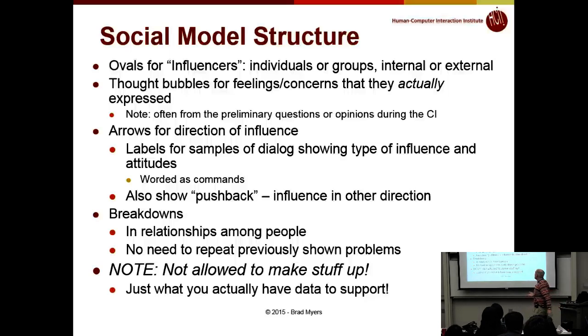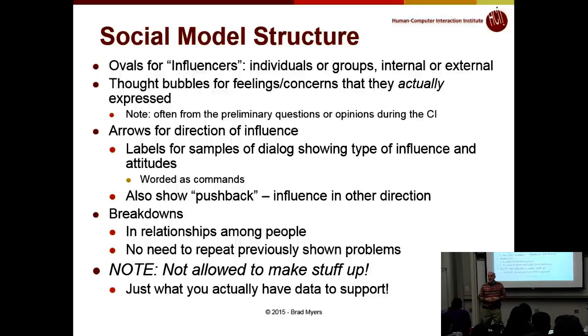They represent influences or commands. And typically they're worded as commands like, give me good prices, or show me the list of items, or I want you to do this. So because they're influences, they're worded differently than information flow.